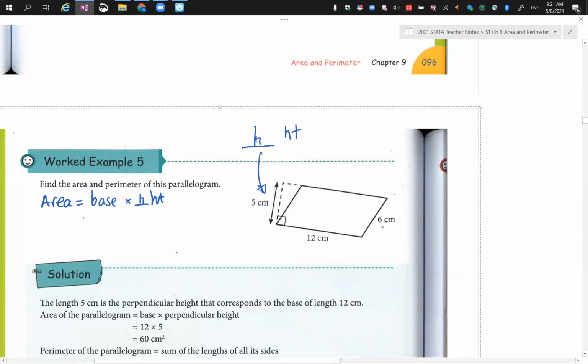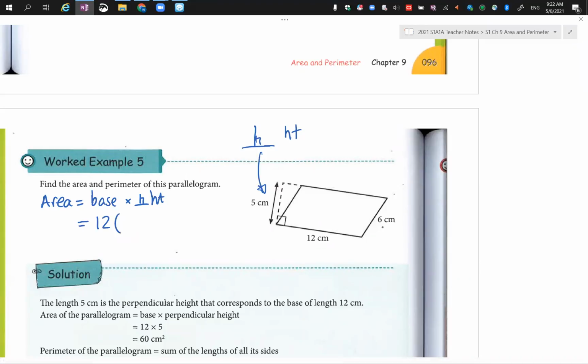Okay, so let us do the substitution. Jin Xian, which one is the base? 12, very good. 12 is the base. And Indra, which one is the perpendicular height? 6.